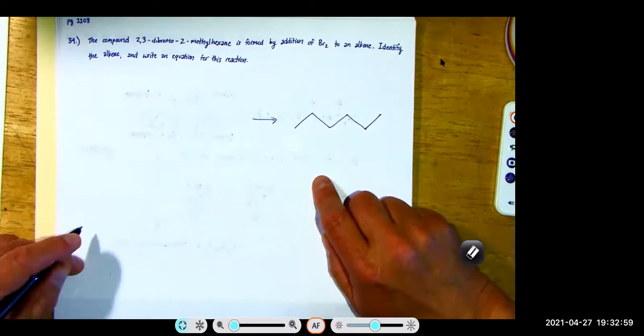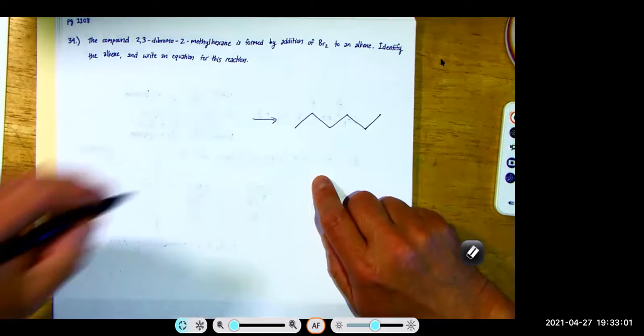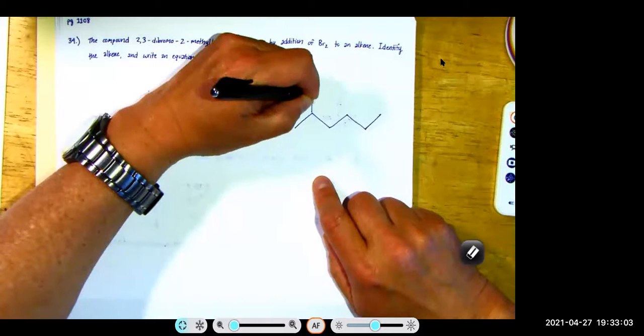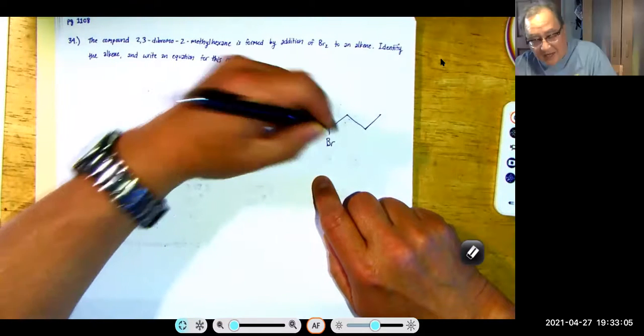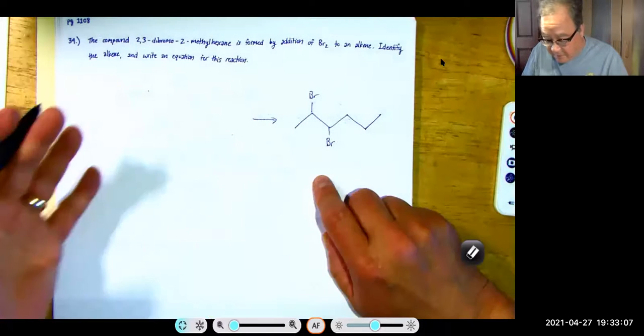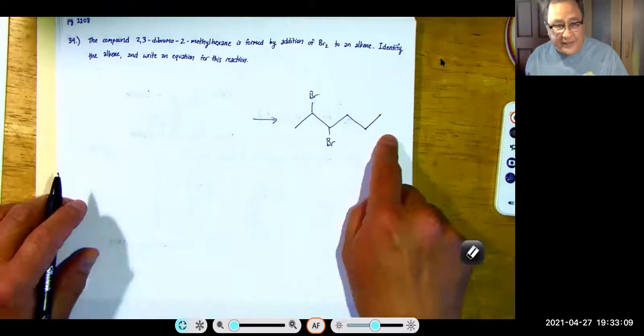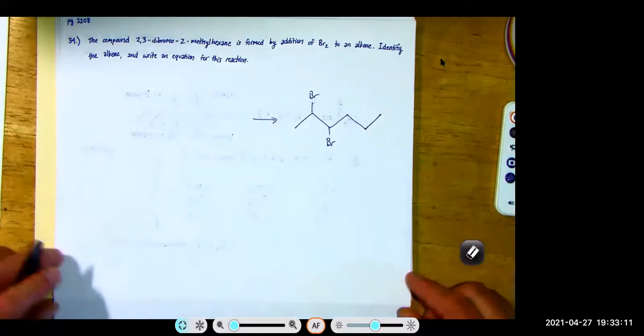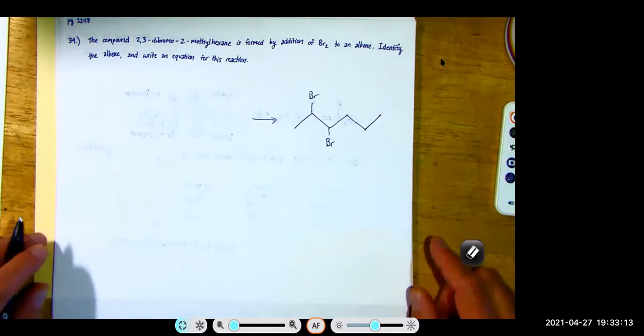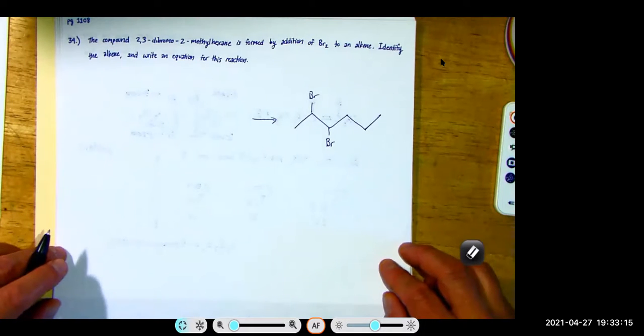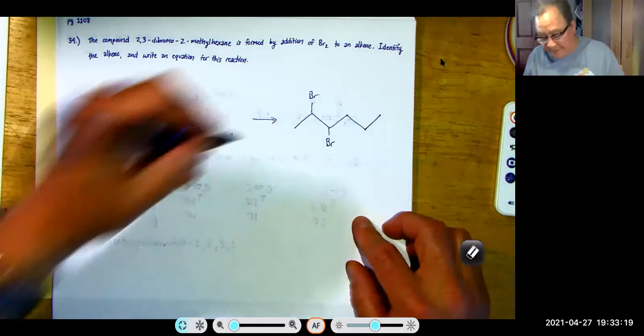On the second and the third from whichever side you choose. Well, if I get the choice, I'm going to number from left to right because I'm used to that. Where am I going to put the methyl? On 2. So there's my methyl.